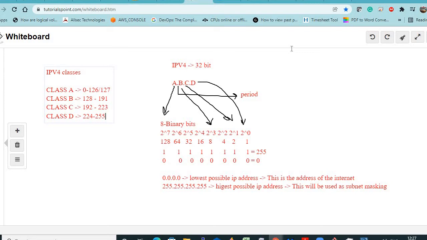Clear? So this was the terminology. Now let us forget about class D and E. I will just write 224 onwards.